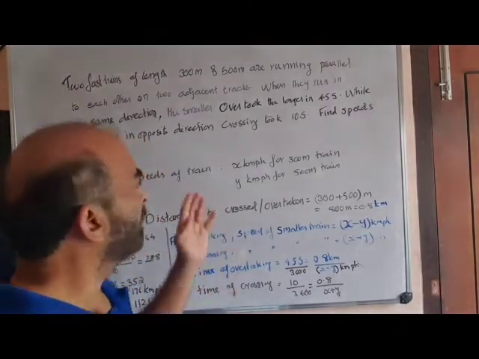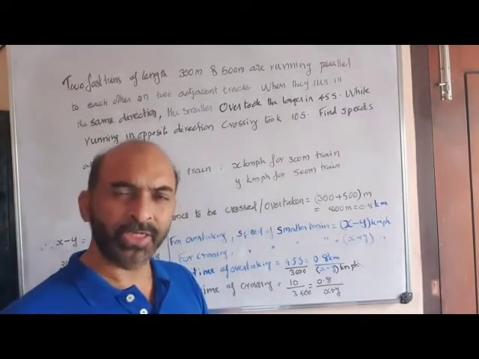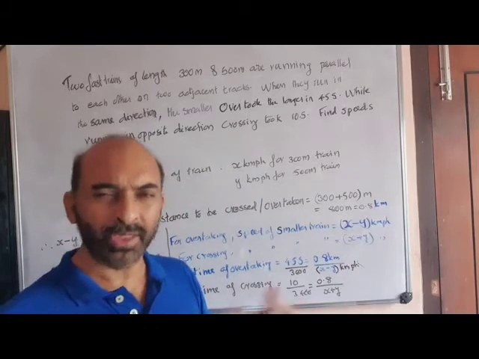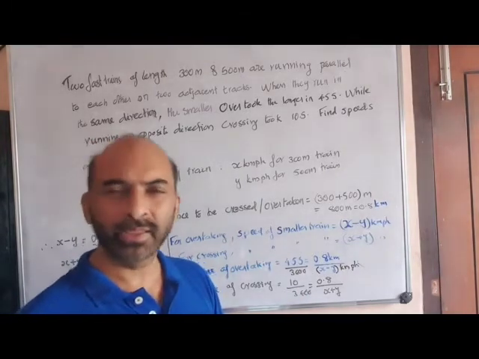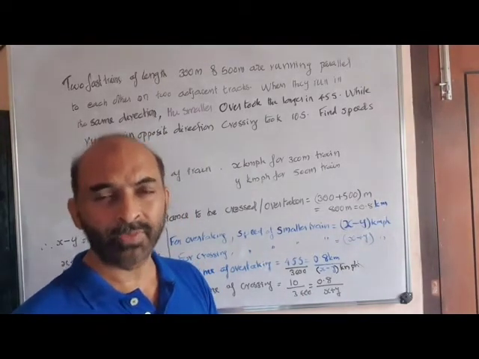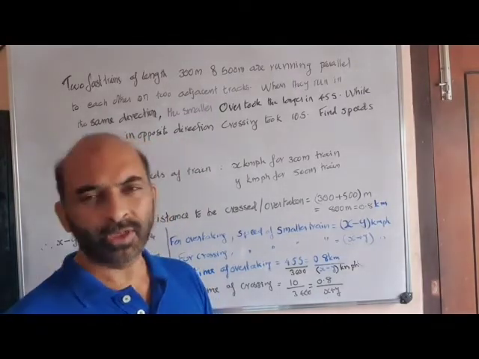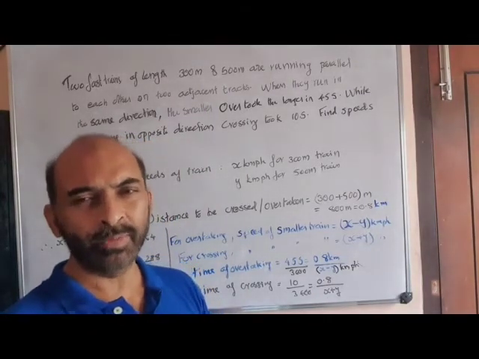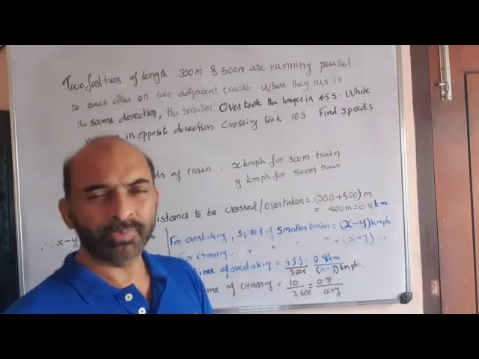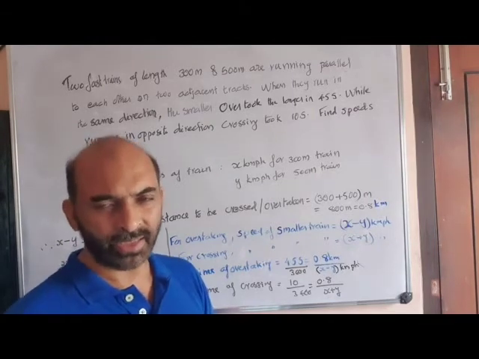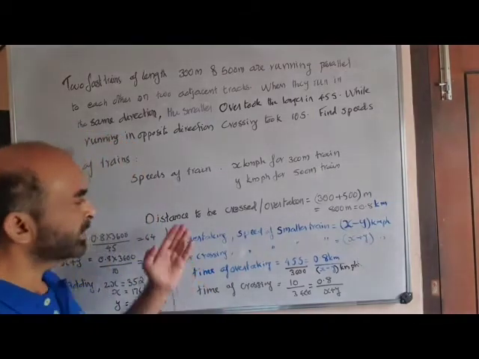Let's imagine the speeds of the trains. Let the smaller one be running at the speed x kilometer per hour, and let the longer one be running at y kilometer per hour. As per this problem, x is greater than y.